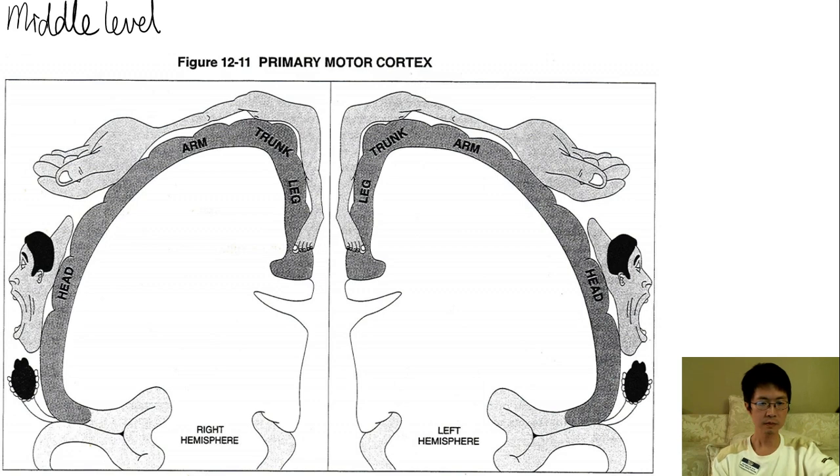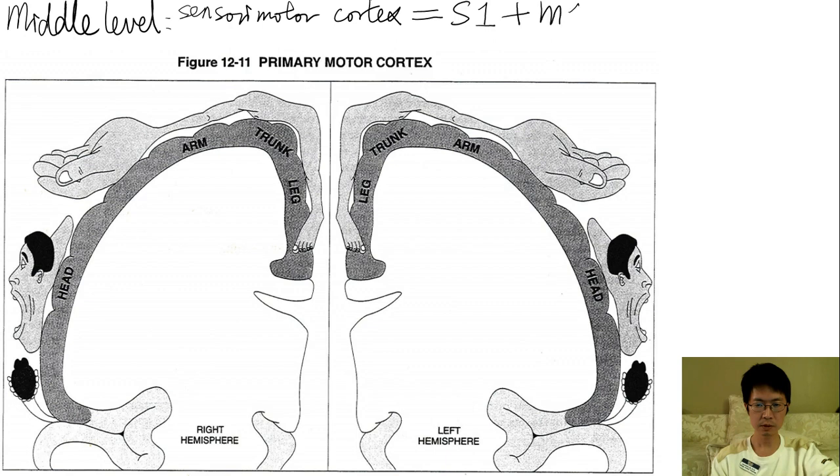What is the sensorimotor cortex? The sensorimotor cortex is basically S1 and M1.